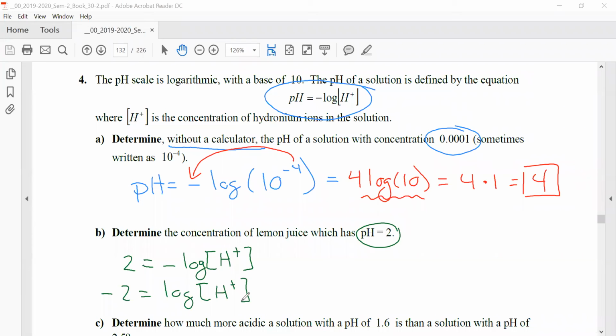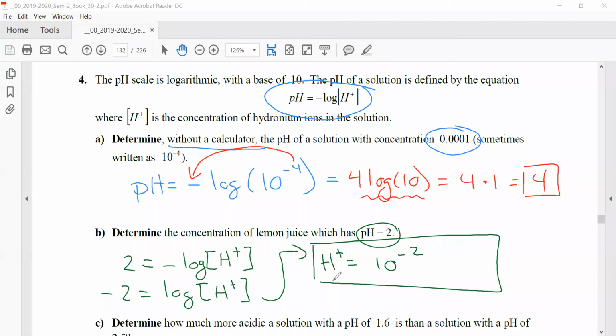Now the unknown's inside my logarithm, so convert to an exponential. And there it is. Leave it just like that. Done. Easy peasy.